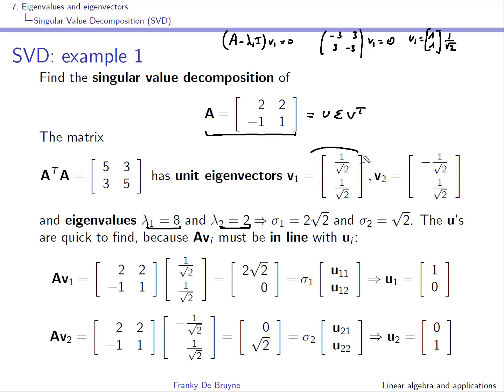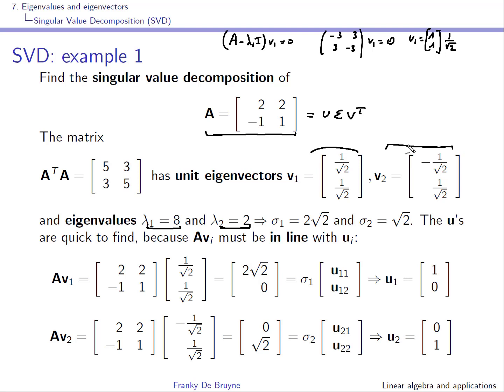You can do something similar for the other eigenvalue. Instead of -3 over here on the diagonal, you have +3, so you'll obtain v2. Well, it's written over here. Okay, so v2 is written over here.